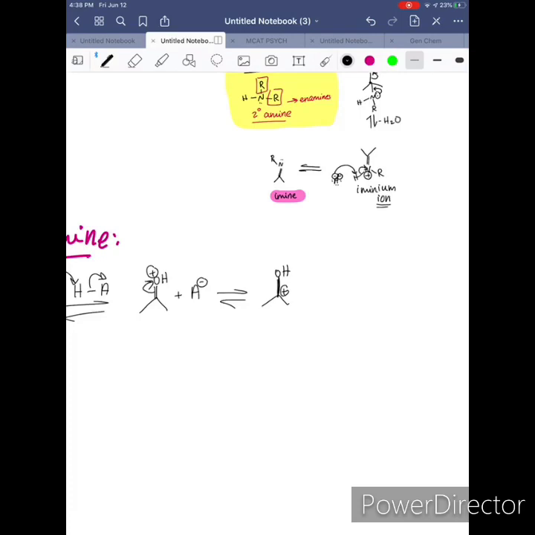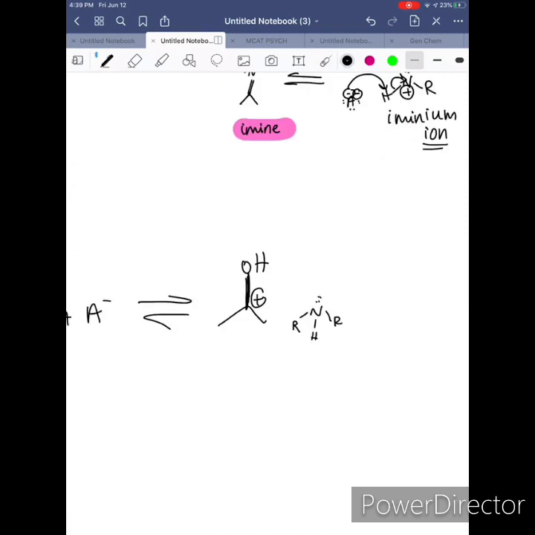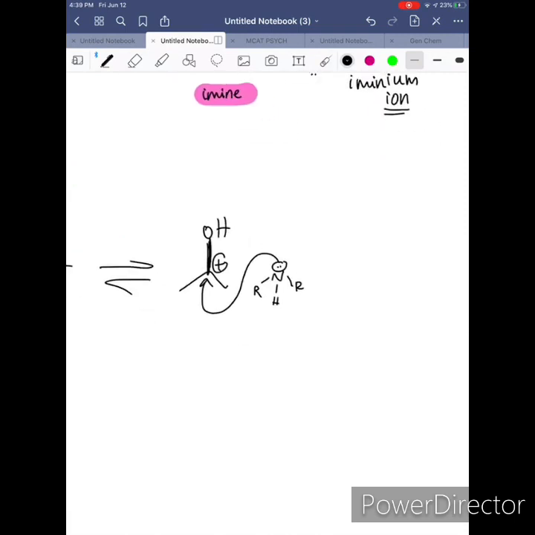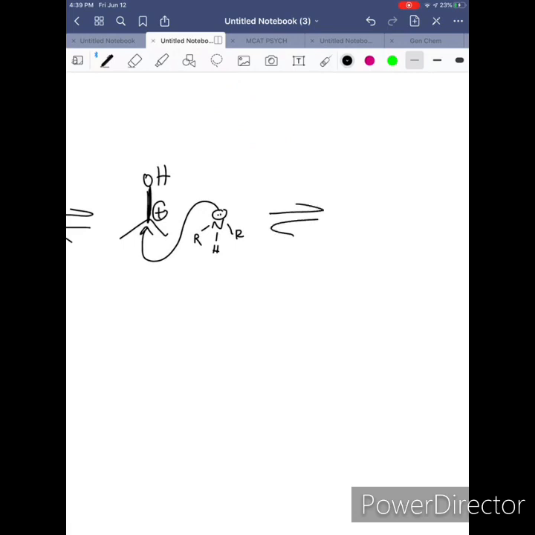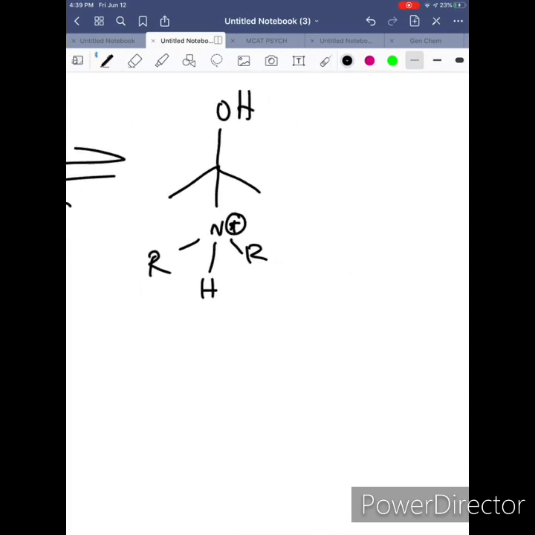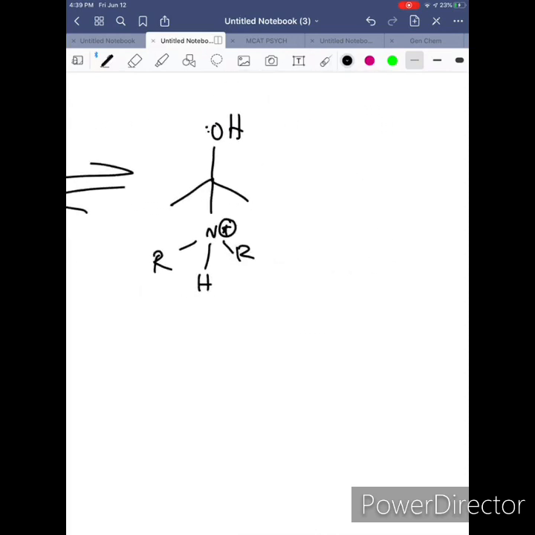Next up, I'm going to add my nucleophile, right? And I'll also have an H. So this is a secondary amine. These electrons are going to attack this carbon right here, and I'll have this. And then this is going to be positive again.